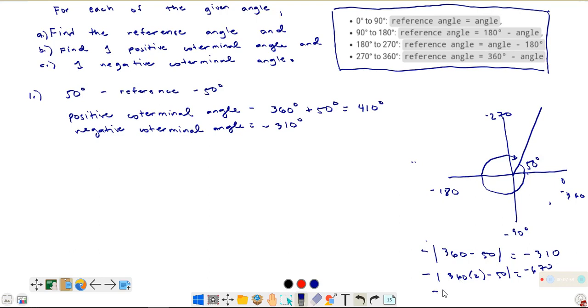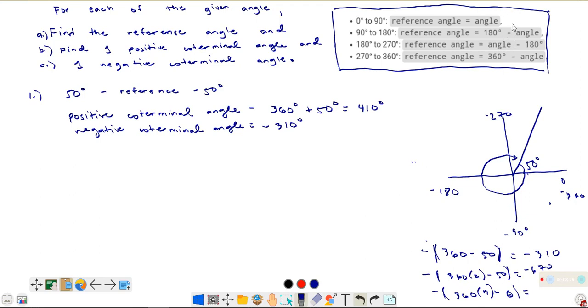Pwede nyo to i-expand. Negative 360. Parenthesis na lang pala to. Pwede rin. Ayan. N. So, the number of revolutions or almost revolutions minus theta is equal to your negative angle coterminal with the given angle.